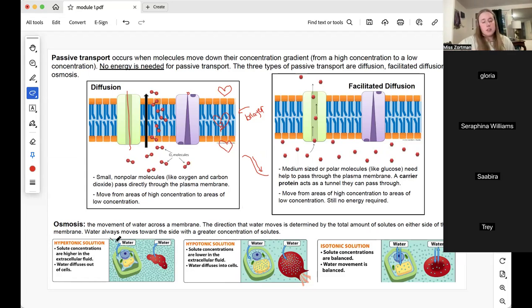Same with osmosis. Osmosis is only for water. So do not say osmosis is for any other thing but water. Osmosis is water across the membrane. It can be through proteins, specifically like this green one, where they are called aquaporins.